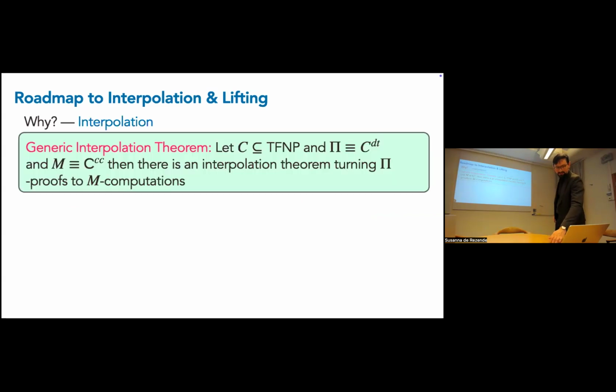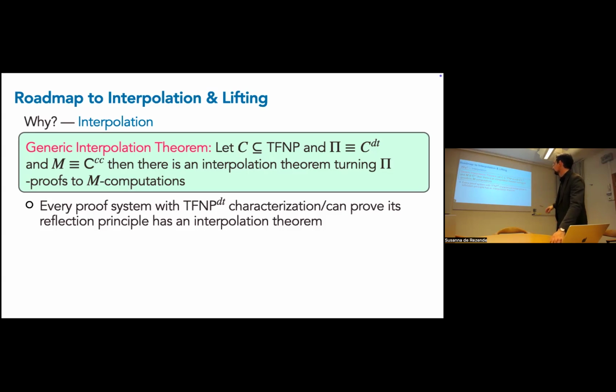We can answer this question for interpolation. Just definitionally, you get a generic interpolation theorem. If you have a TFNP class and you have a characterization of the black box version by a proof system, and a characterization of the communication version by a monotone circuit model, then you immediately get an interpolation theorem turning proofs in the proof system into circuits.